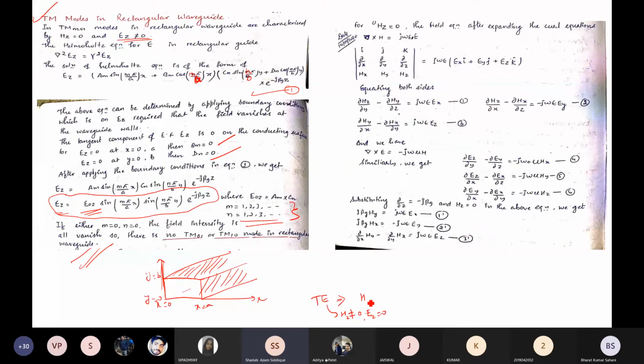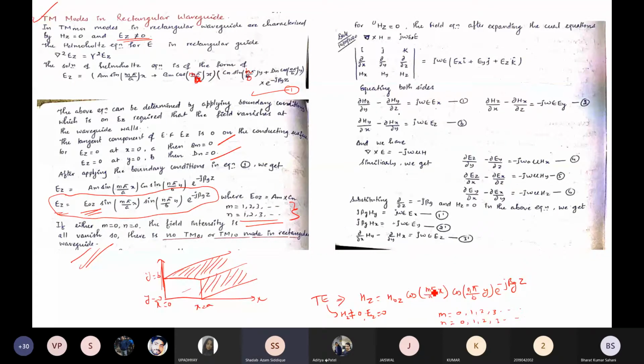So Hz is equal to H naught z cos(m pi by a into x) cos(n pi by b into y) e to the power minus j beta g into z. Here m is equal to 0, 1, 2, 3, all is applicable. Here also n equal to 0, 1, 2, 3, all is applicable. But both cannot be 0.